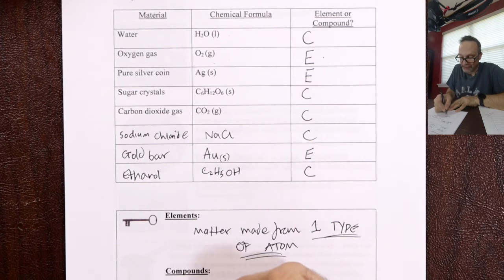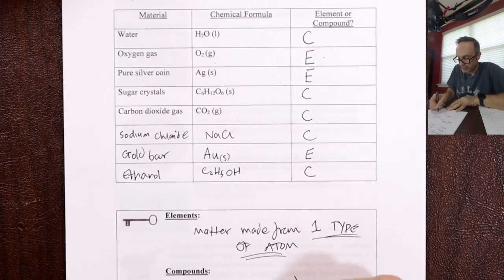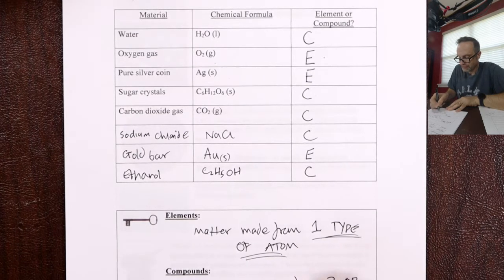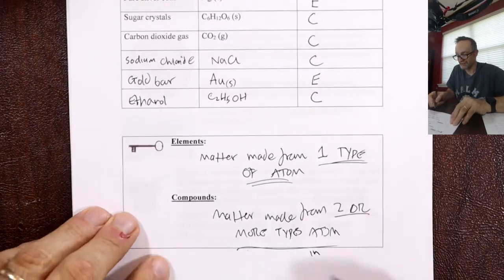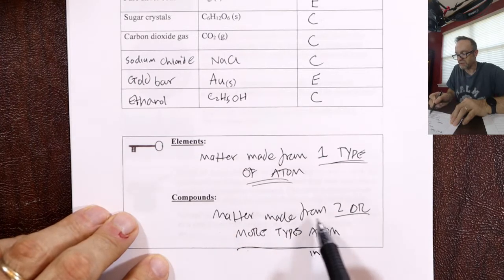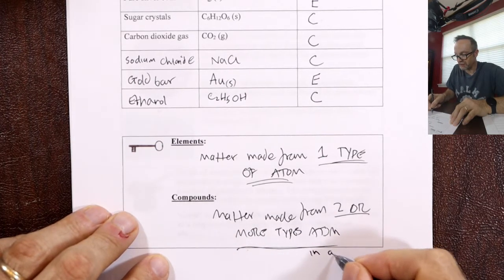So a compound is matter made from, if you like, two or more types of atom. I should move it up so you can see it, that would be nice. So compounds, matter made from two or more types of atom in a fixed ratio.